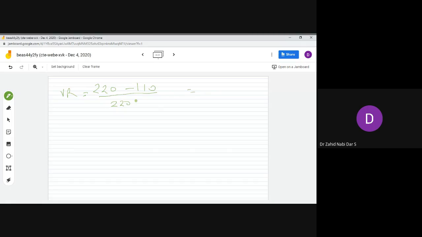This will be 220 minus 110, which is 110 by 220. So this is 1 by 2, or 0.5, into 100. So the percentage would be 50%. Is 50% voltage regulation desired? No, this is not desired.